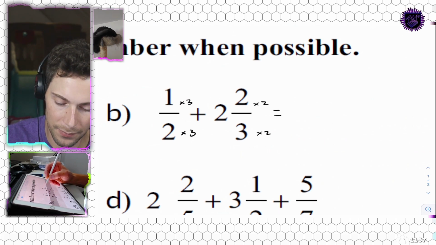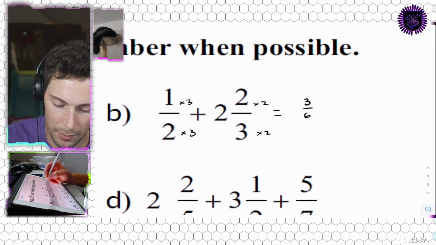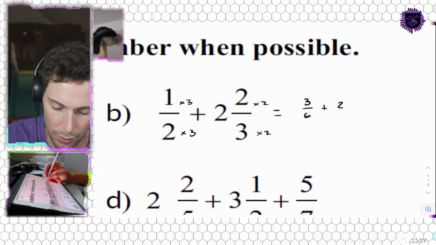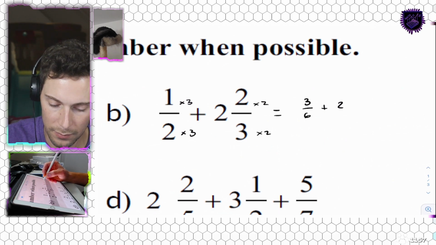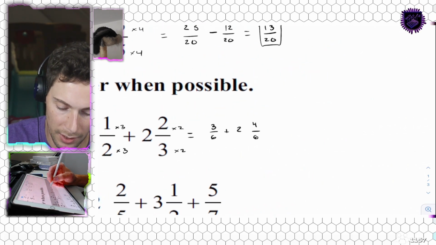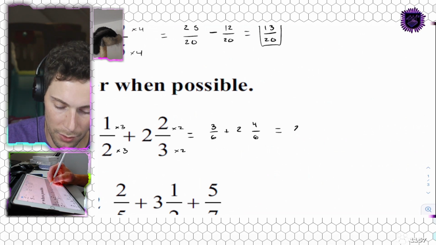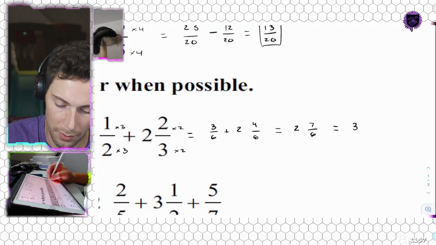It's going to be equal to 3/6 plus 2 and 4/6. So let's add those together, and that will be equal to 2 and 7/6, which will be equal to 3 and 1/6.